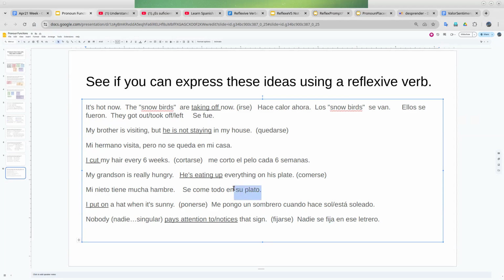The su plato, the possessive, versus el plato and el pelo. You could put it in el plato, the idea of his plate, su plato. So you could use either. You could just as easily make it el. The difference is just the plate versus something that belongs to him.